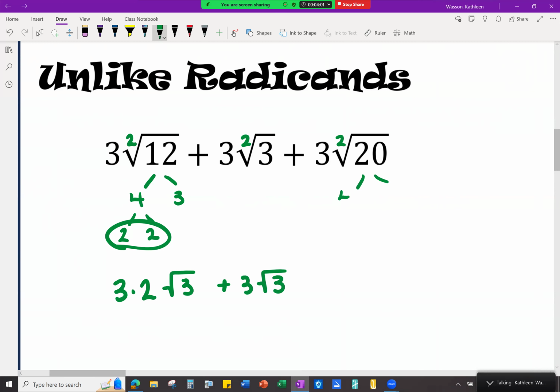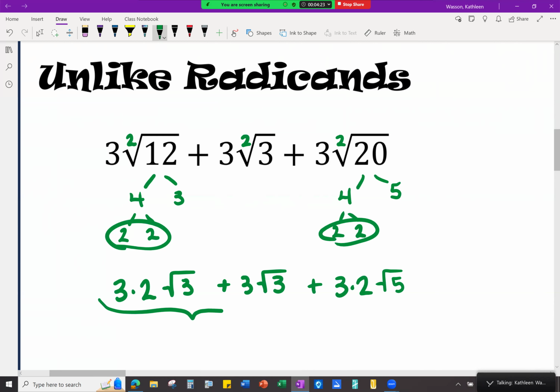20 is 4 times 5. 4 is 2 times 2. So I can take a 2 out of that radical. So this last expression here is 3 times 2, and that one will be square root 5.